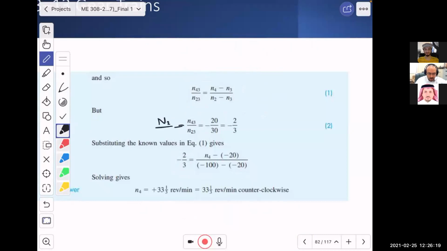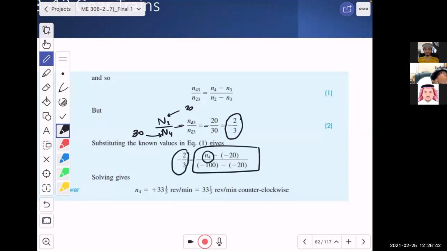So if you go and look at N2, it was 20, and N4 was 30. And the minus sign is to consider the inverse of the rotation. So we'll end up with minus 2/3. Okay, and that's how we equated this with this. And we have one unknown, and that's how we got it.